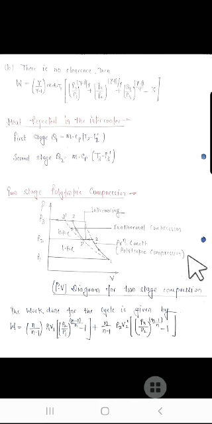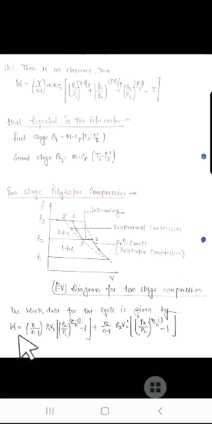So, what will be the expression of work done for the two-stage polytropic compression? This will be equal to the summation of work done in lower pressure cylinder plus work done in higher pressure cylinder.